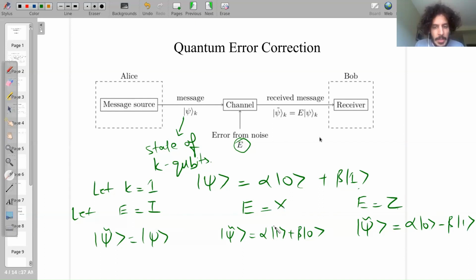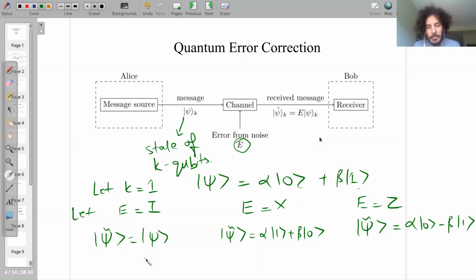So you can see that if either X or Z errors can occur, then what Bob receives is a very different state from what Alice sent. And in this naive scheme where Alice and Bob are not using any sort of error correction, Bob has not the slightest clue whether an error occurred and whether this is what Alice wanted to send.